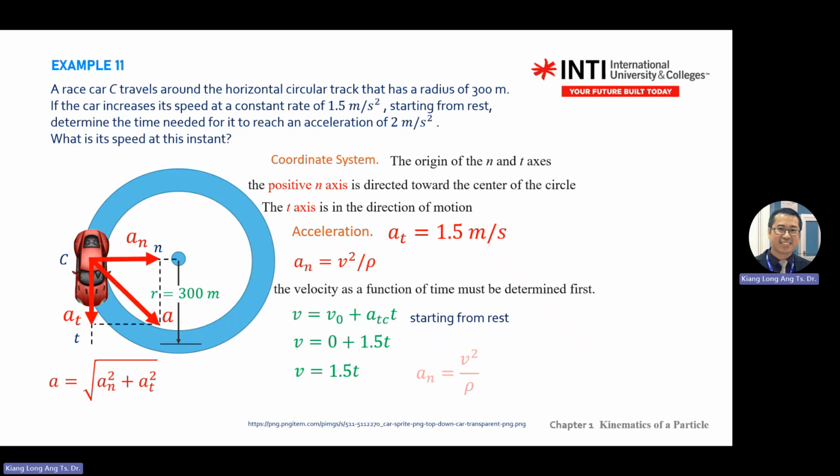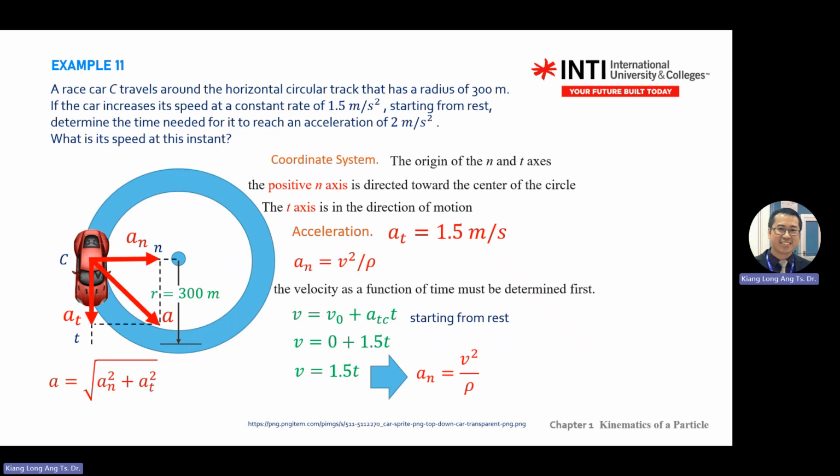Now, once you have this, you know your V, right? So you go back to the equation. From this equation alone, you can solve for an and at. If you write in this sequence, you have solved for V already. You have the V equation, dv/dt gives 1.5, so at is 1.5.